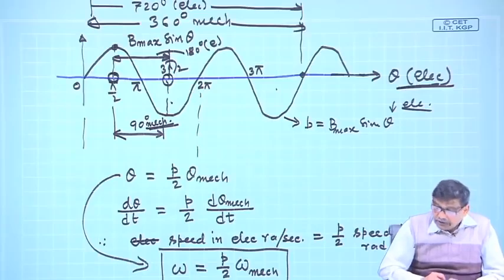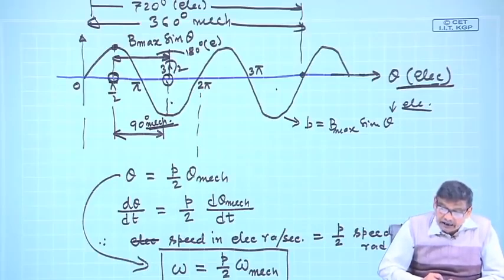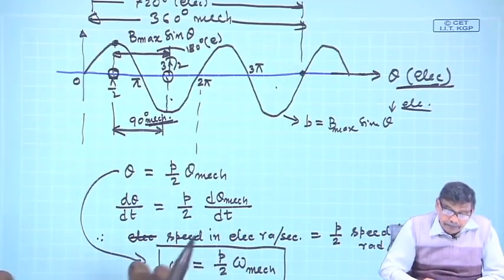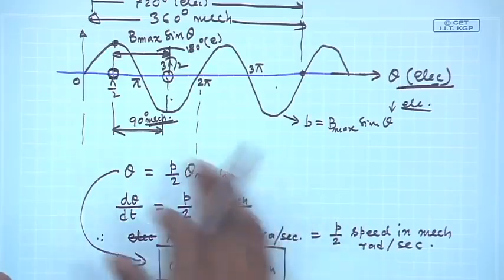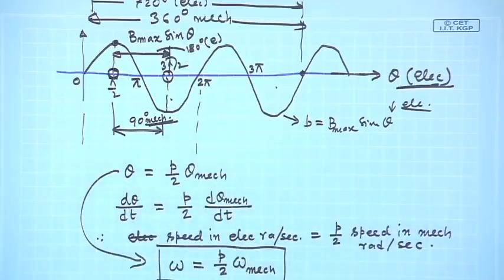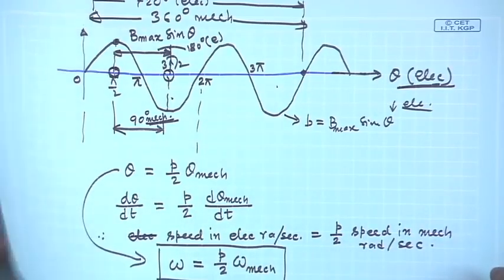Now, after understanding the distinction between these two, the most important step is that I will try to calculate the expression mathematically. Now, I am doing a little bit of mathematics to find out the expression of the RMS voltage induced across a coil. That is what I will try to do.